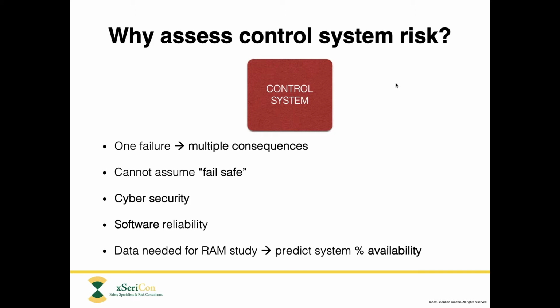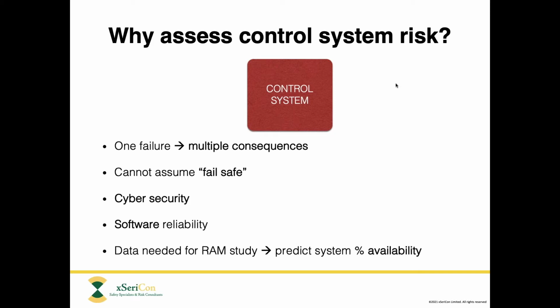A third very important issue that we really need to be aware of these days is cybersecurity. The control system is potentially vulnerable to malicious attack, either from within the organization or from outside. And there's an ever-increasing number of recorded cases now where quite significant upsets have occurred to control systems as a result of some kind of malware attack.